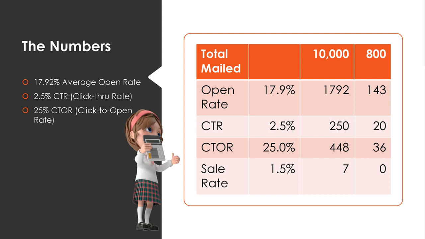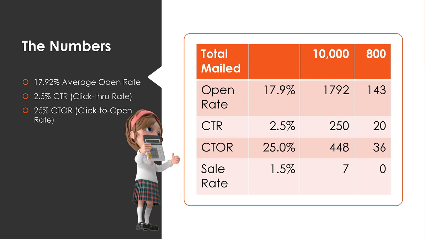So the click-through rate, it's an interesting metric, but if you want to predict how many people are going to buy something based on an email that you send out, you would say, well, what's my open rate? Figure, somewhere between, for the jewelry industry, 15.9 and 17.9% are good open rates. And then you would say, of that, what's my click to open rate?